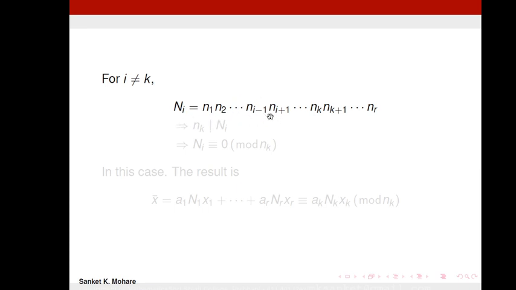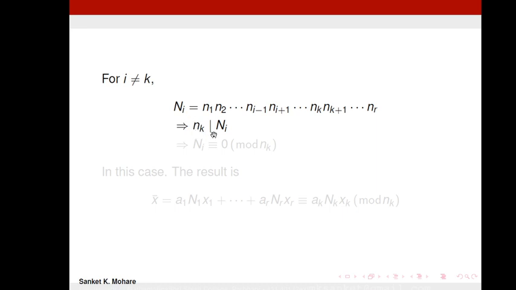Here the term nk appears, since i is not equal to k, so nk is a factor of this product. That's why nk divides capital Ni.